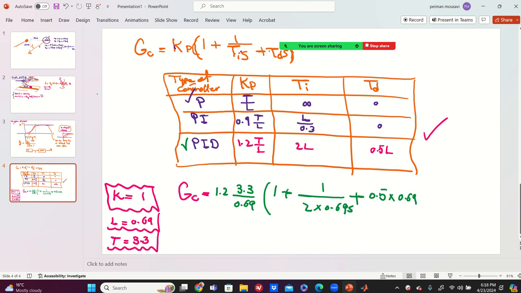This is S, and here is S. This is your controller. You got it, everybody? This is your controller.